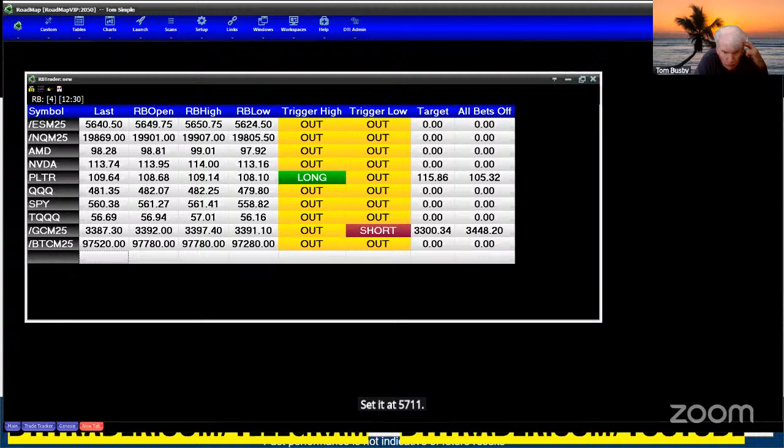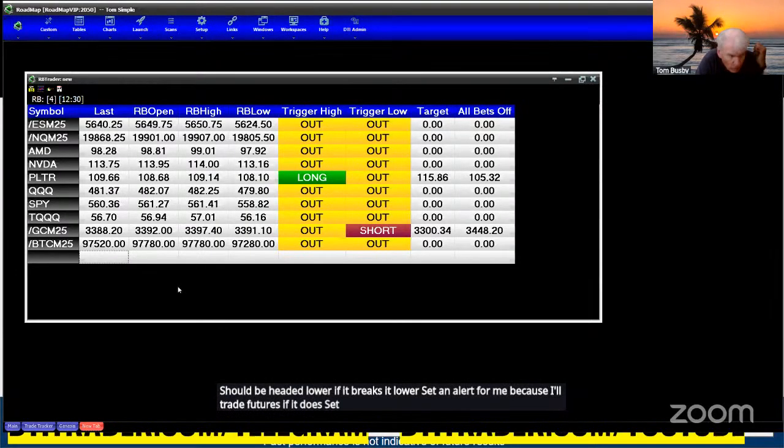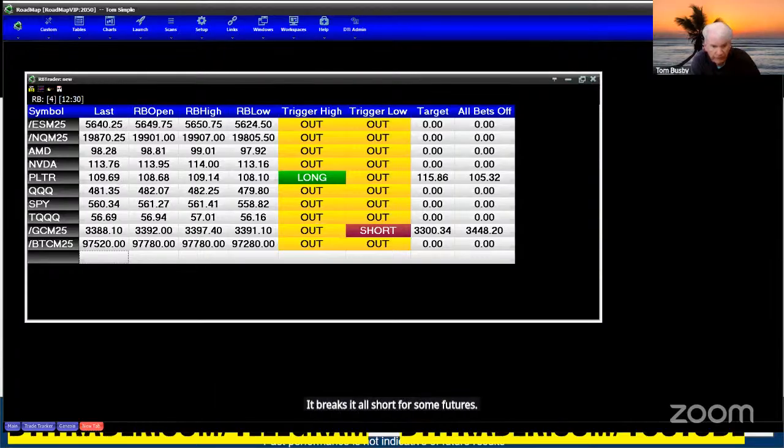Like I said, gold's weak right now. Should be headed lower if it breaks. Set an alert for me because I'll trade futures if it does. Set an alert at 84.40. If it breaks that, I'll short some futures. Put crude oil in there too.